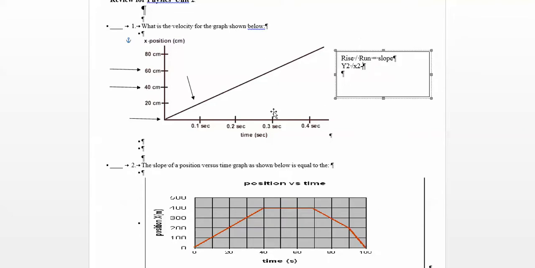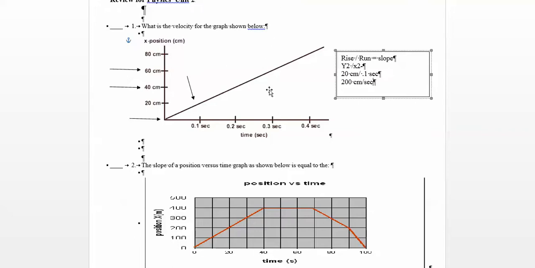In other words, take this point where it's 20 centimeters at 0.1 seconds, and if you put that into your calculator, you'll see that it's 200 centimeters per second. Okay? This is our velocity.